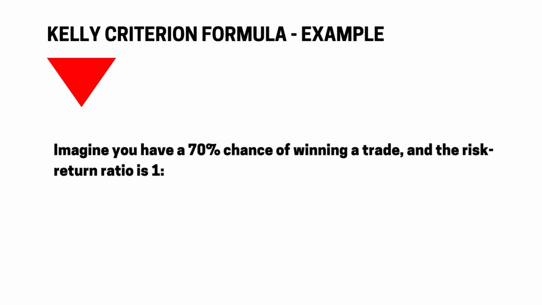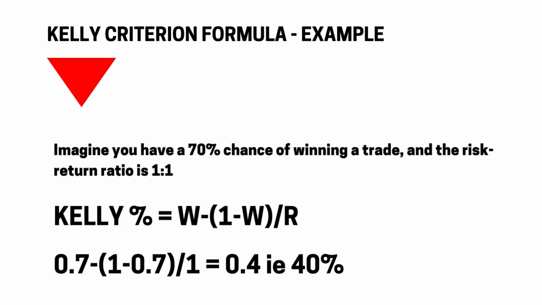Right, so in this example, imagine that you have a 70% chance of winning a trade and the risk return ratio is 1 to 1. What does that 1 to 1 mean? Well, that means for every £1 or $1 you risk, you're going to return £1 or $1. And there's our formula again, so let's just plug those numbers in.